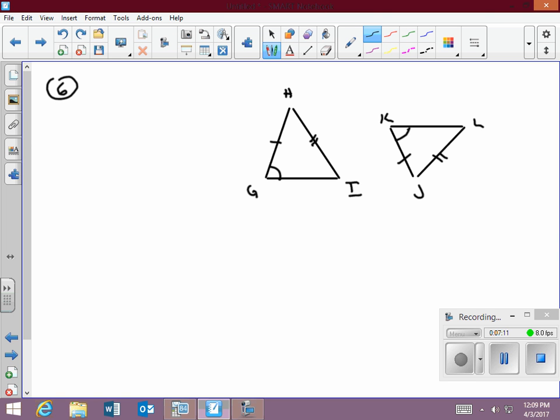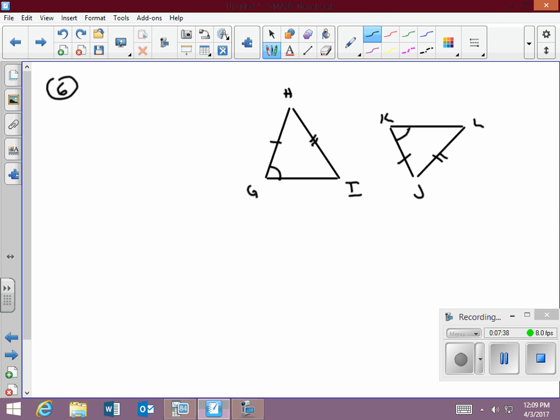Now you may or may not be able to say they're congruent. So the question is, are they congruent or not? Can you specify? I think HI is equal to JL, and the other side is.